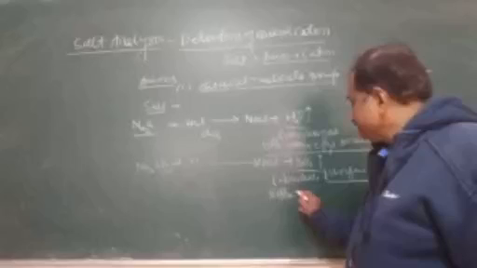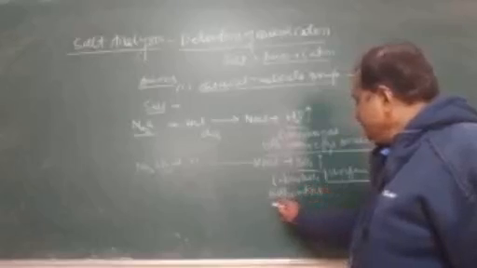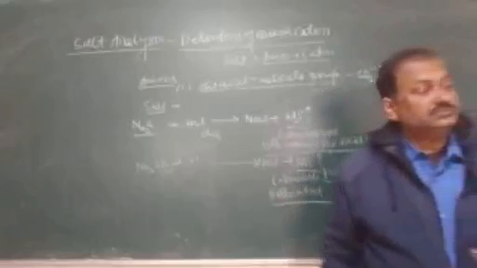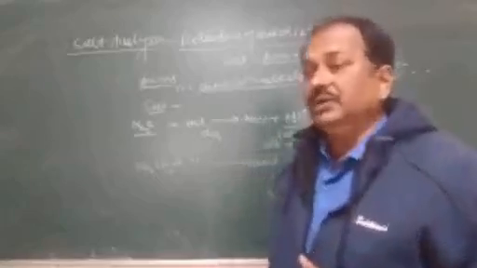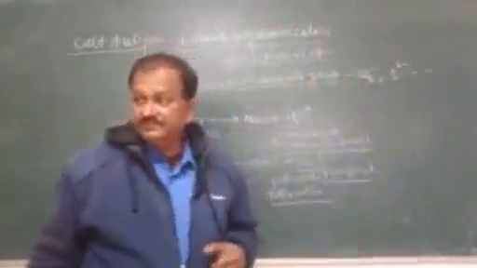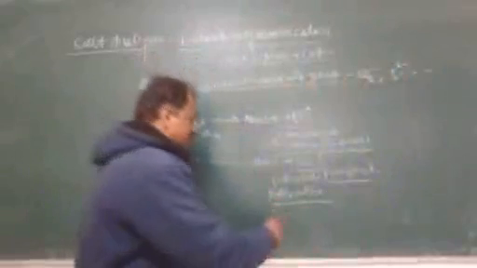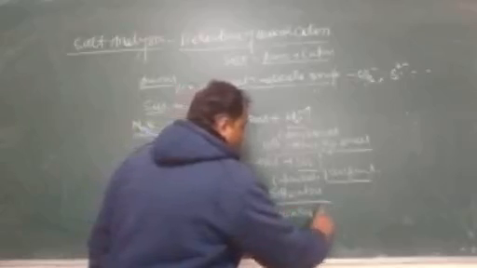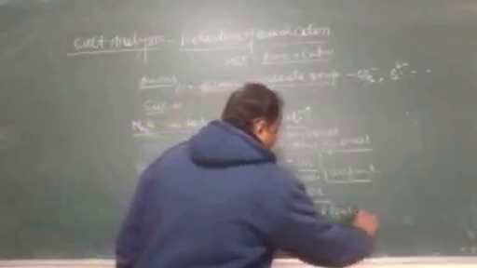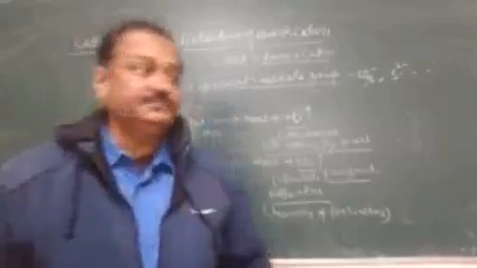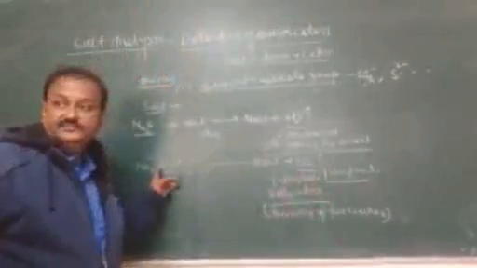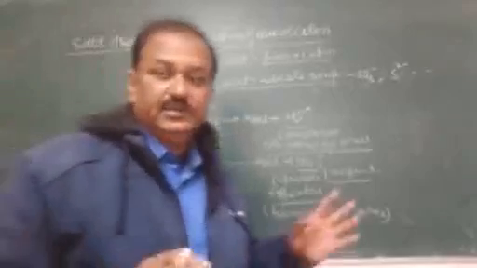This is the real identification. It will choke our nostrils, or it will choke our voice, or you may simply say burning of firecrackers. Because firecrackers have sulfur, and similarly here there is sulfur, so we can identify the point.